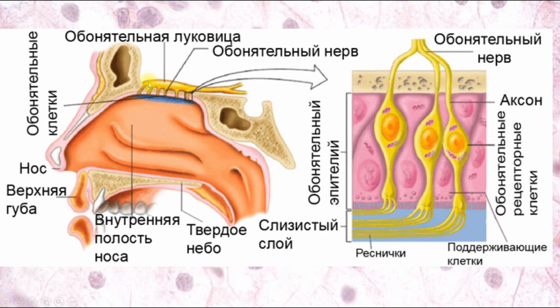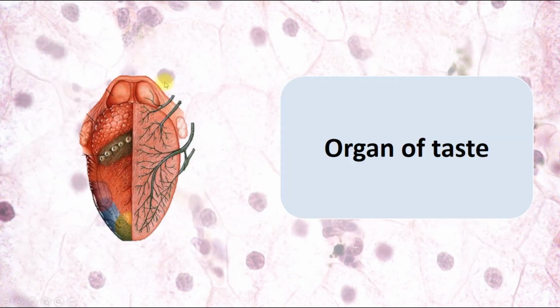Here we can see the olfactory bulb, and axons of olfactory cells form the olfactory nerve. And then there is the olfactory type of receptor, and processing of information begins in the olfactory bulb. So that's how olfactory epithelium provides reception and processing of information. Here we can see olfactory cells, their axons which form the olfactory nerve, and this nerve goes to the olfactory bulb.